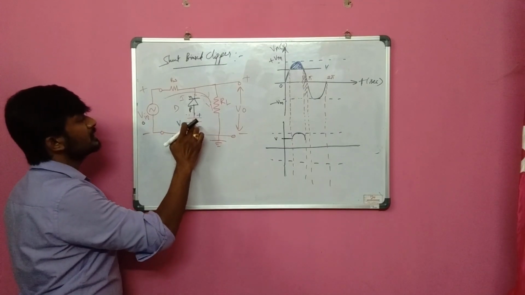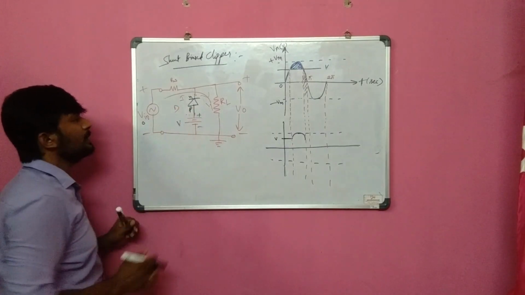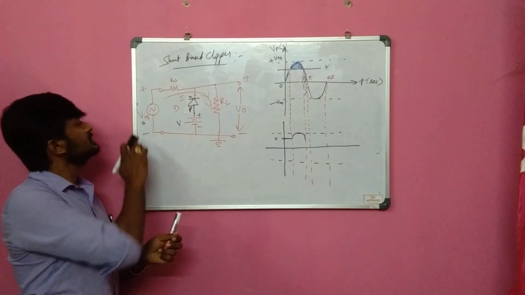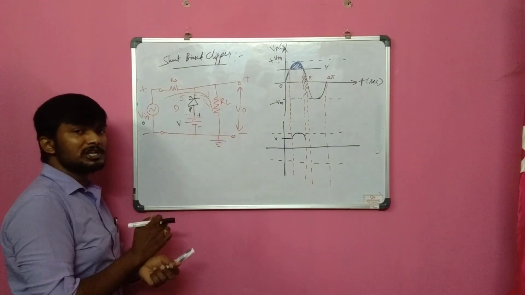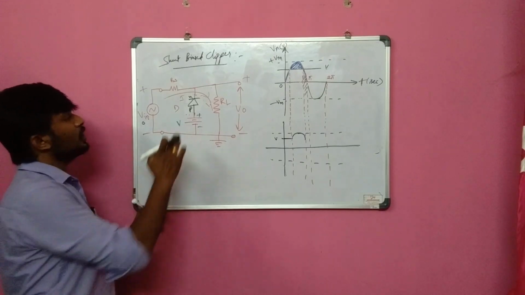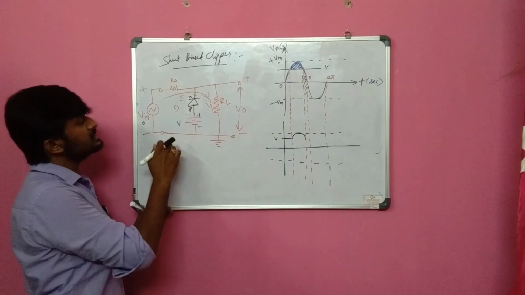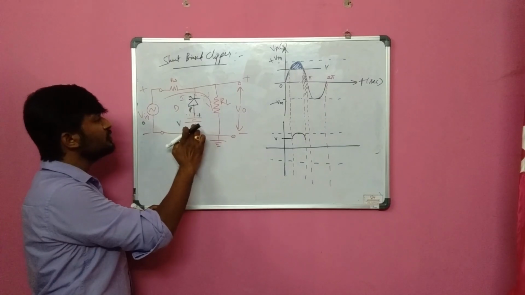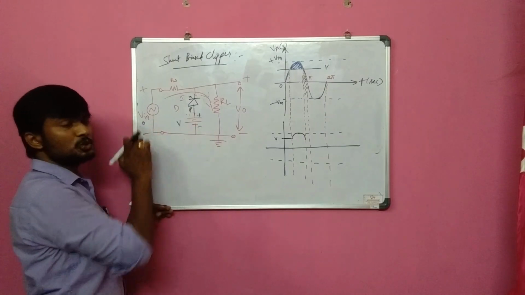Here again positive is connected to P, forward bias. Since Vin is 0, I have to consider only the battery voltage, whichever is dominating, to show the effect on the diode. So here the effect on the diode will be due to V, not due to Vin, because Vin is 0. Understand?